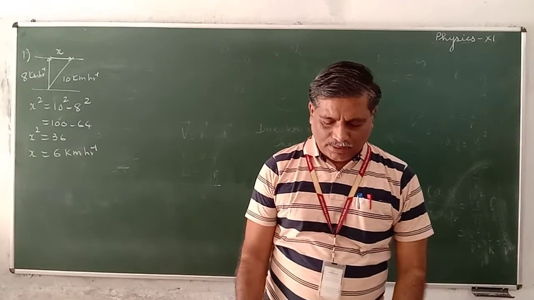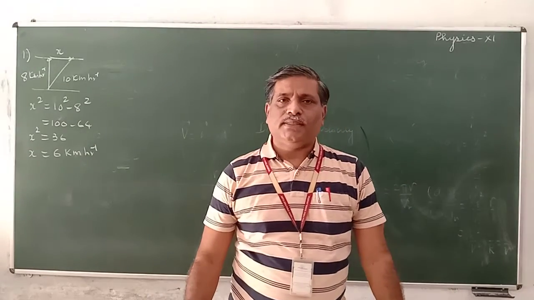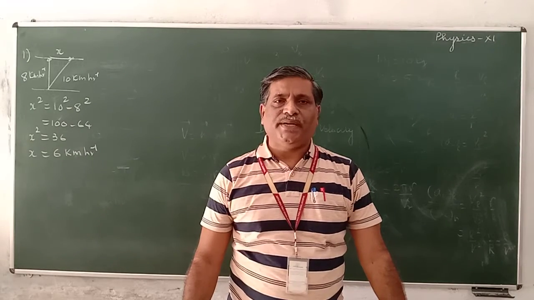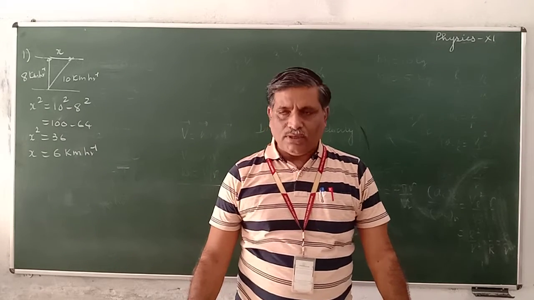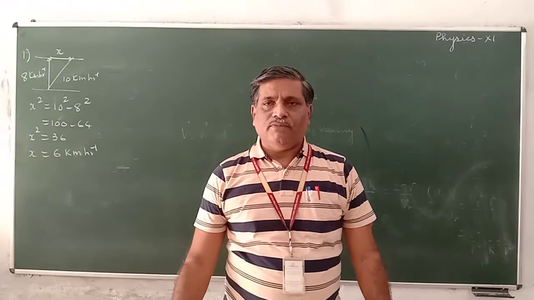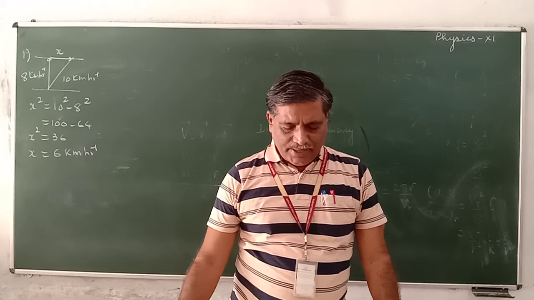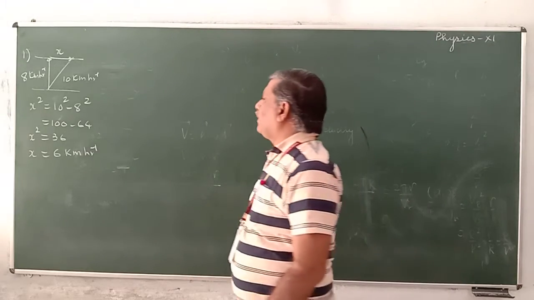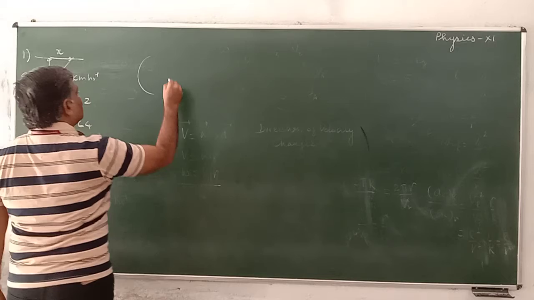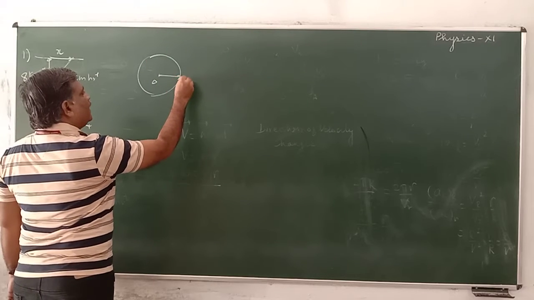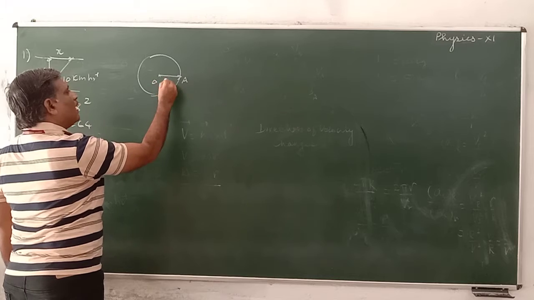Second question. If a body is moving in a circle of radius r with a constant speed v, its angular velocity is: option 1, v by r; second, vr; third, v square by r; fourth, r by v. Now this is circular motion. O is the center, A is the position, OA becomes r.